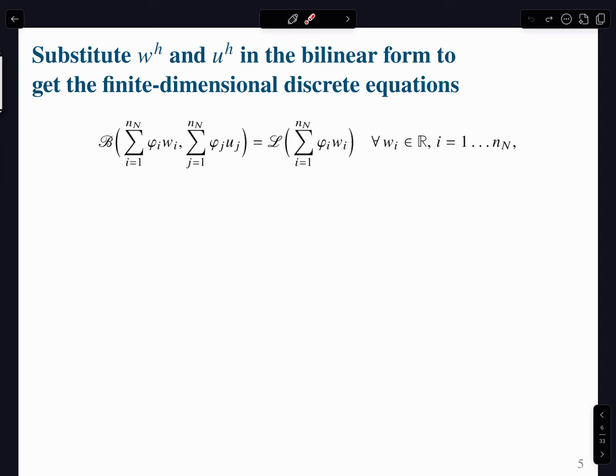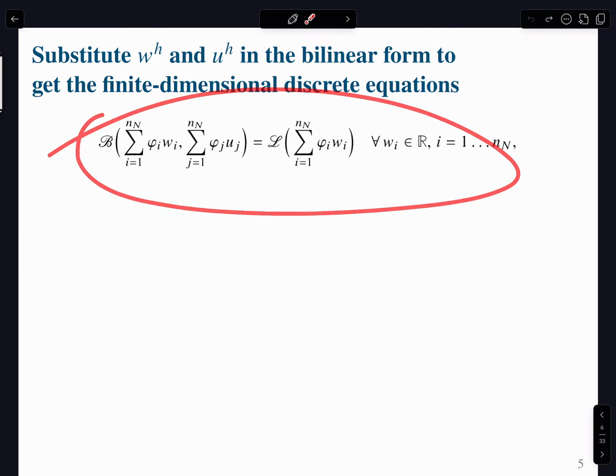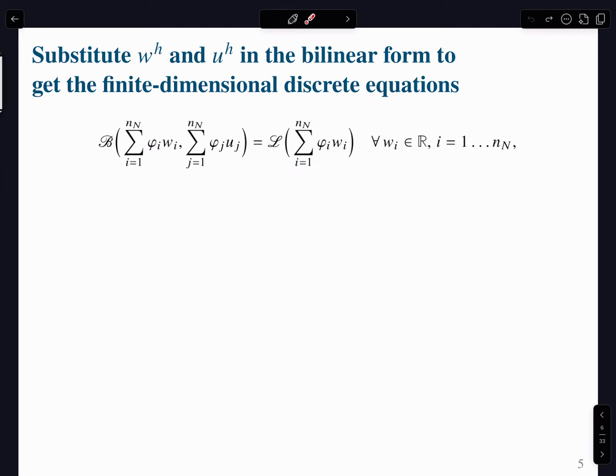If you recall the Galerkin projection, we wrote: find the function u such that the bilinear form is equal to the linear form for all test functions in a given space. Well, we can write that function here. This is our abstract form of equilibrium.